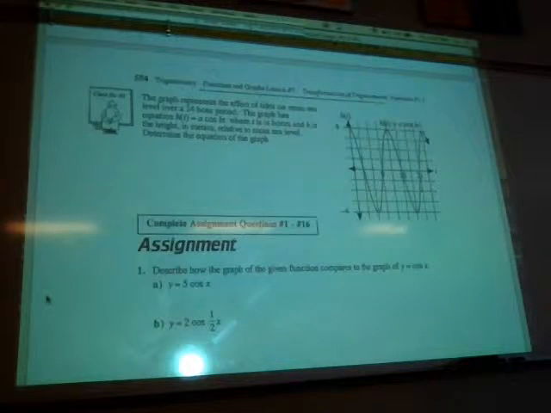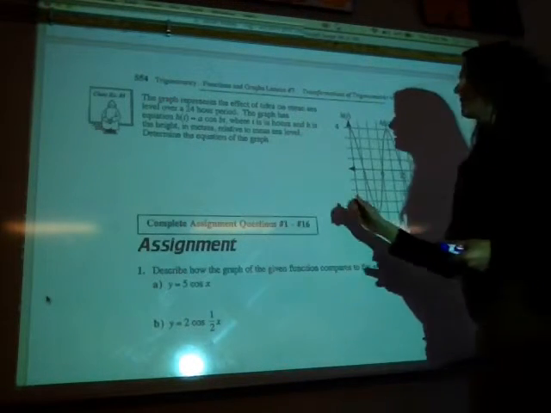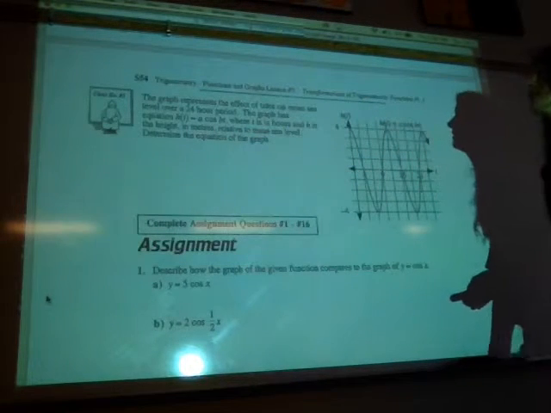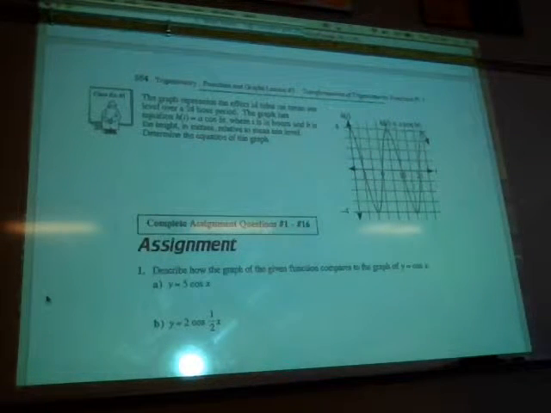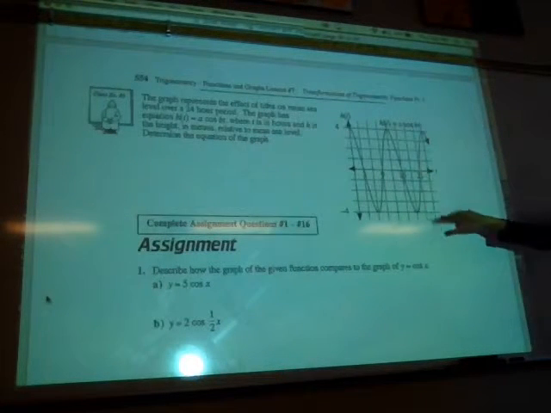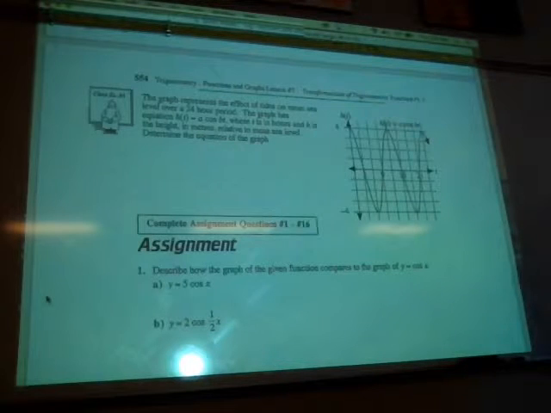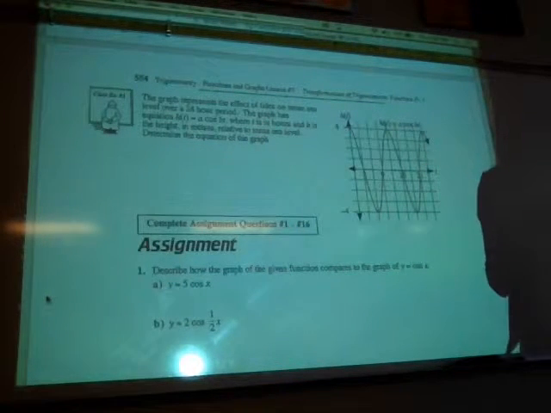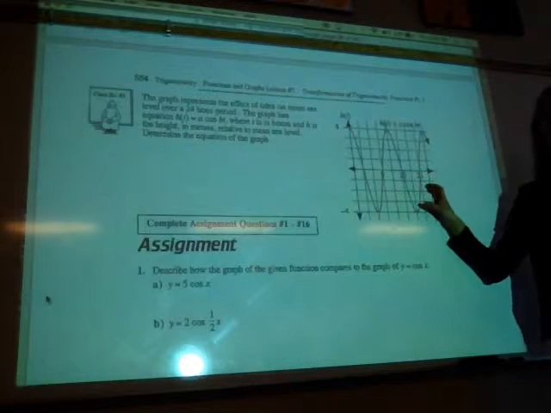The graph has an equation of h of t equals a times cosine bt, where t is time in hours and h is the height in meters relative to the mean sea level. We have to figure out what the equation of this graph is. So, great, they gave us an application. You can visualize it, but what you really care about is what's on the graph.